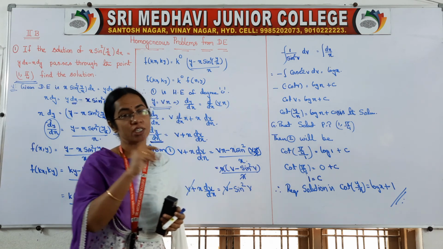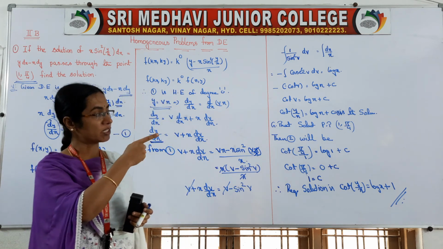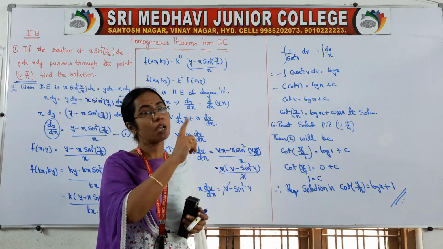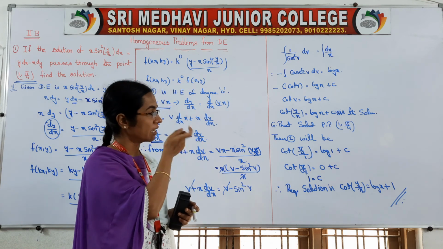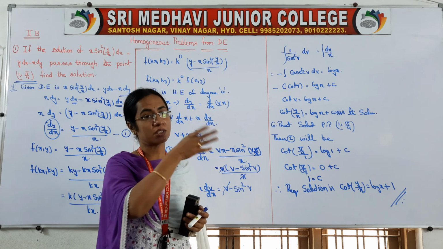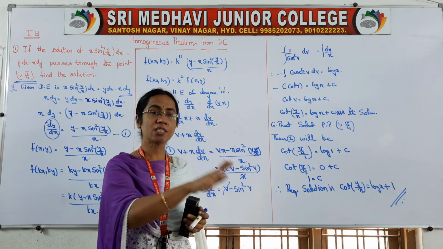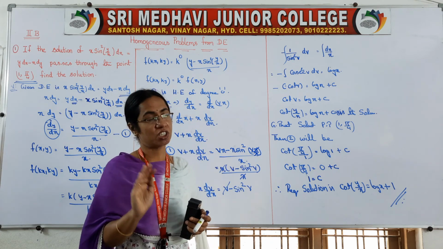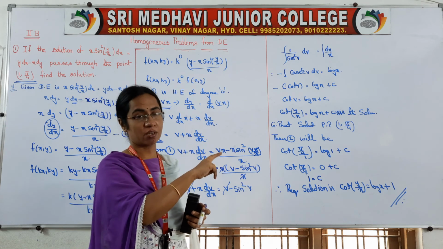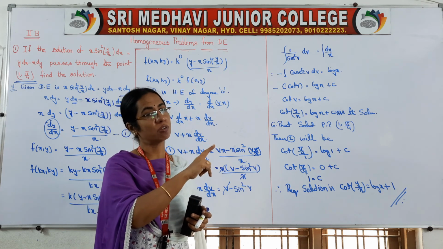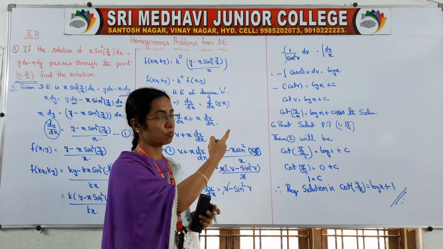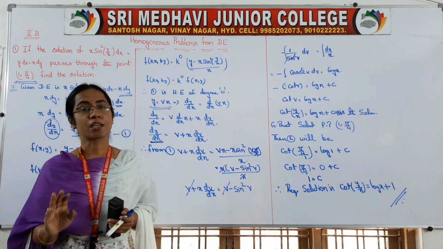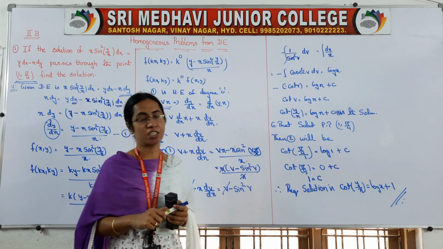But in this question it is given that the solution passes through (1, pi by 4). So in the given solution, wherever x is there we have to substitute. Passes through means that point satisfies that solution equation. So in x's place you have to take 1 and in y's place you have to take pi by 4. Then you will get your c value, again substitute. That will be your required solution equation.